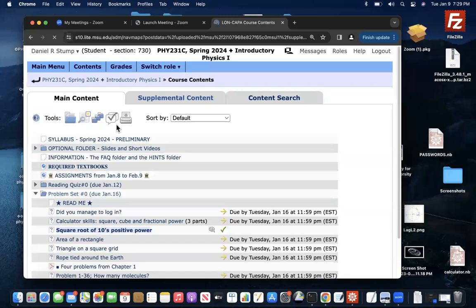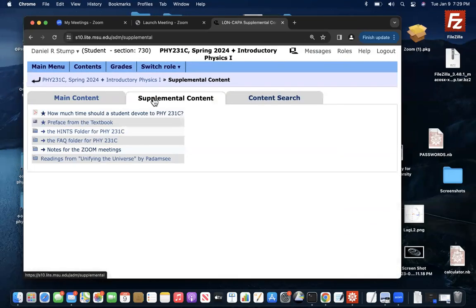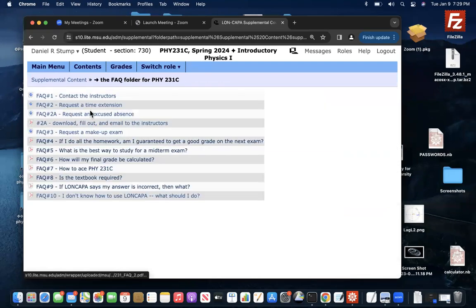All right, anything else in the FAQ? There are a bunch of things in the FAQ, so you just have to read these over. Time extension, excuse absences, request a makeup exam. If you need a makeup exam, you have to send us information. What's the best way to study for an exam?